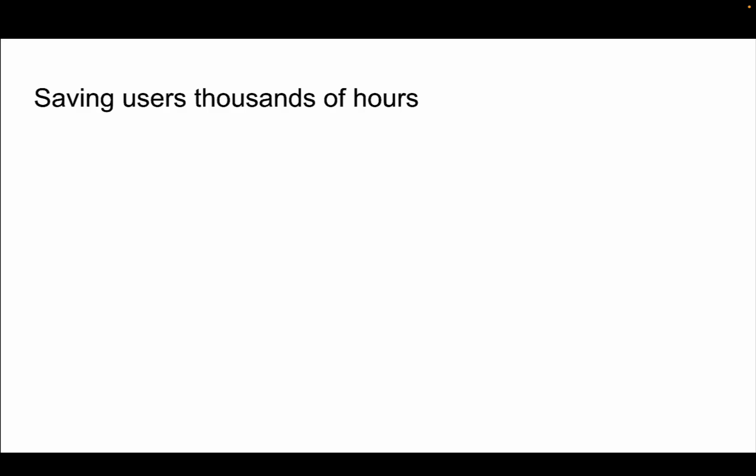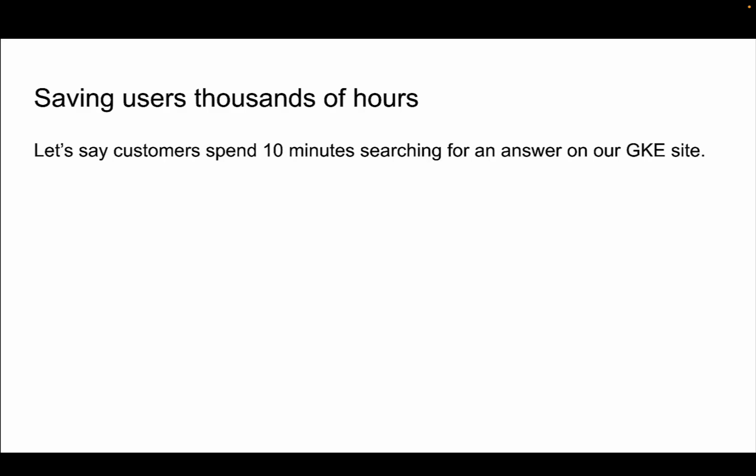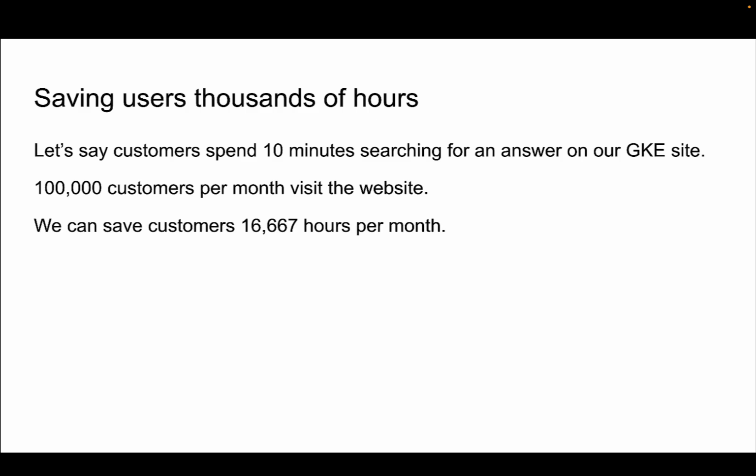So right now, if it takes a customer 10 minutes to find the answer to her question, and we have about 100,000 customers doing this each month, then that adds up to over 16,000 hours spent looking for answers. And an AI that provides clear responses instantly could save people a lot of time.